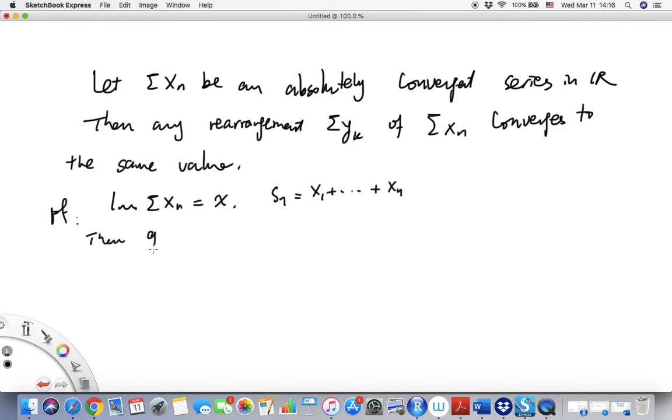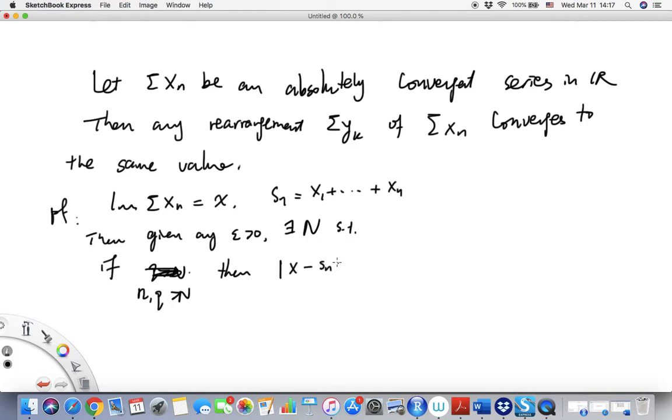Then, given any epsilon greater than 0, by definition, there exists an N such that if n and q are greater than N, then the difference between x and Sn is less than epsilon, and the sum of xk from n plus 1 to q is less than epsilon.